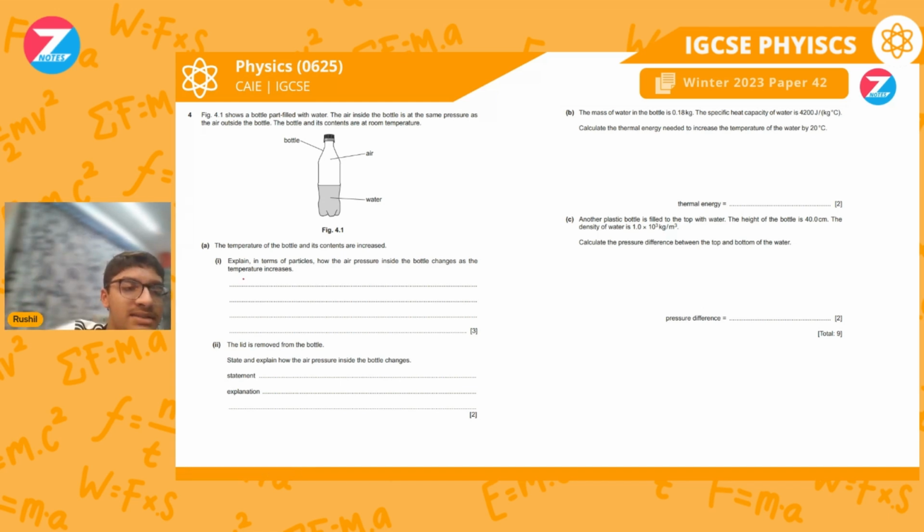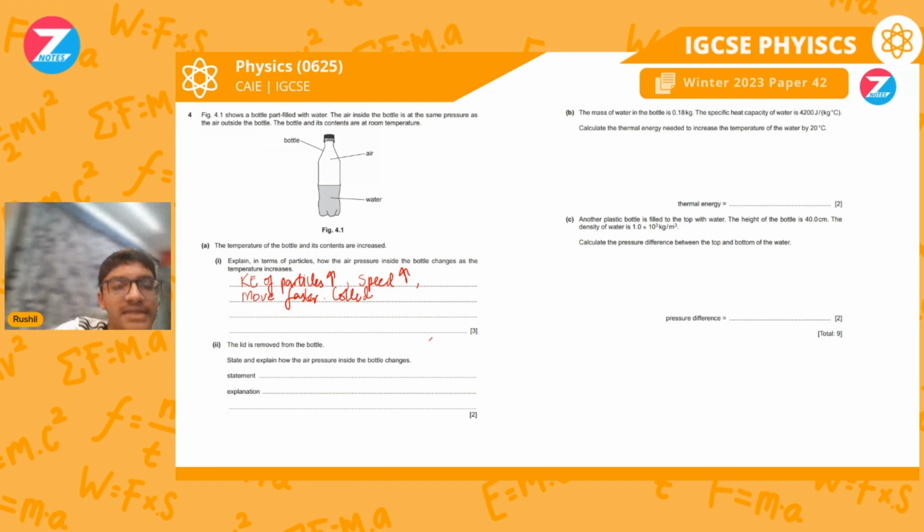So you know that as the temperature increases, the kinetic energy of the particles increases. Since they absorb the heat energy, they get more kinetic energy. Kinetic energy of the particles is directly proportional to temperature of the particles. So as the kinetic energy increases, their speed increases, so they move faster.